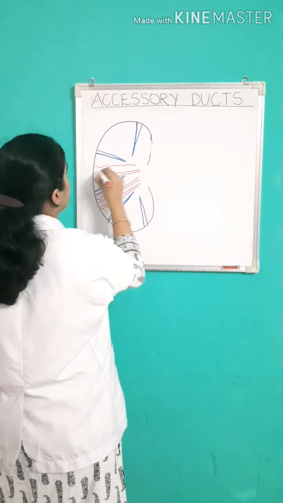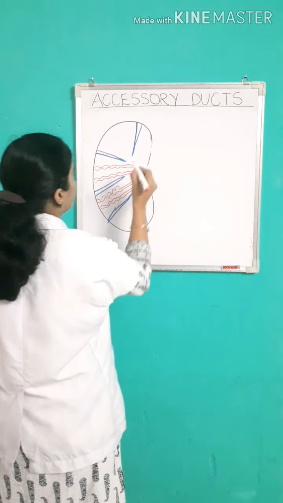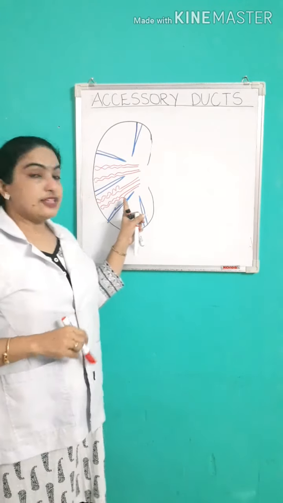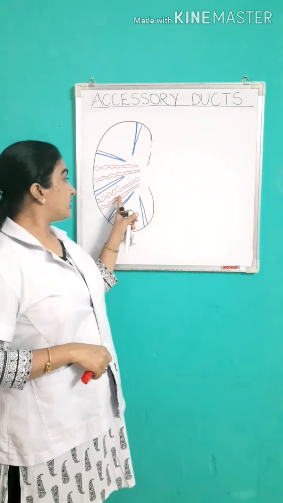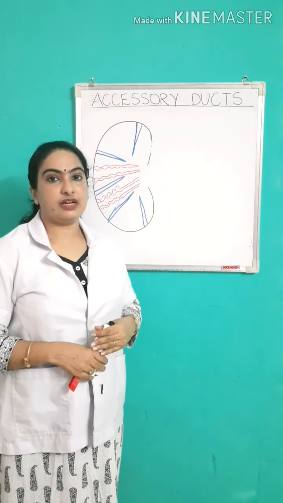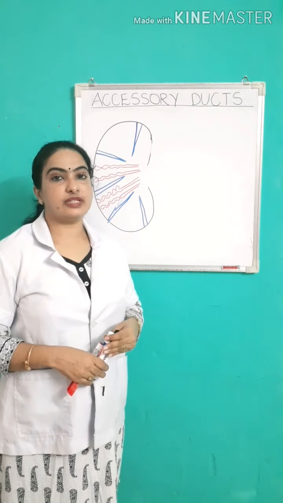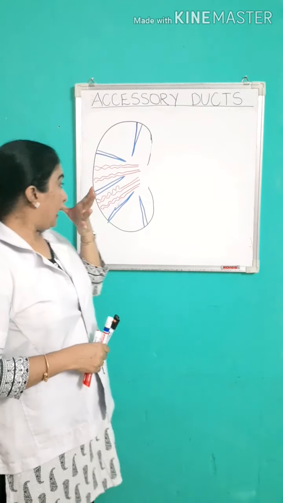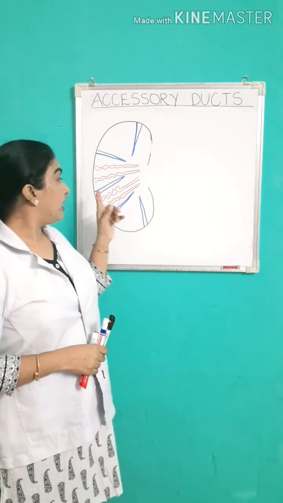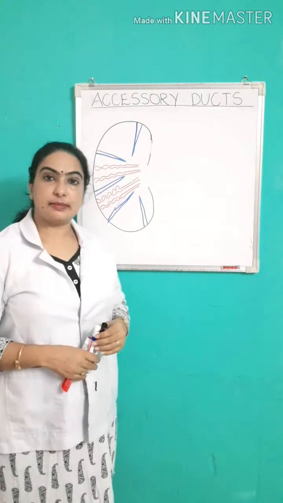See, these are the seminiferous tubules. As you know, the seminiferous tubule consists of germ cells and Sertoli cells. The function of germ cells and Sertoli cells you already learned. These cells are seen in the lining of the seminiferous tubule.